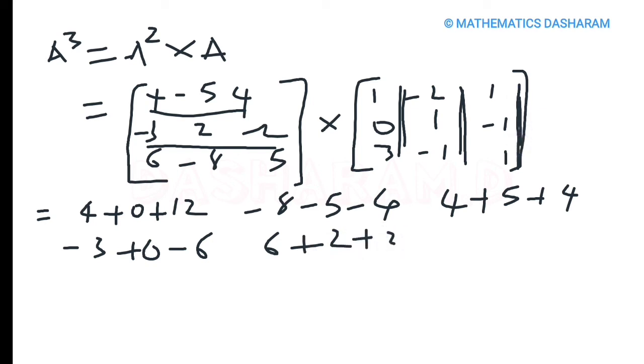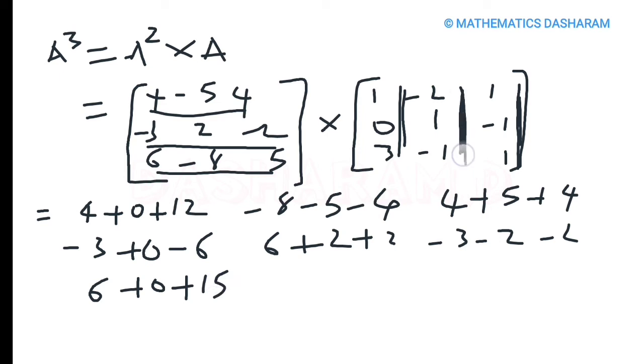Next, third column: minus 3 into 1 is minus 3, 2 into minus 1 is minus 2, and minus 2 into 1 is minus 2. Now third row, first column: 6 into 1 is 6 plus 0, 5 into 3 is 15. Second column: 6 into minus 2 is minus 12, minus 8, minus 5. So here 6 plus 8 plus 5.